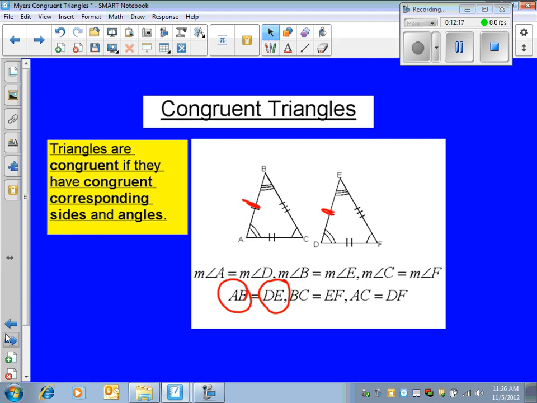It says side BC is congruent to side EF. BC has 3 hash marks or tick marks: 1, 2, 3. So EF needs to have 3: 1, 2, 3. Perfect.